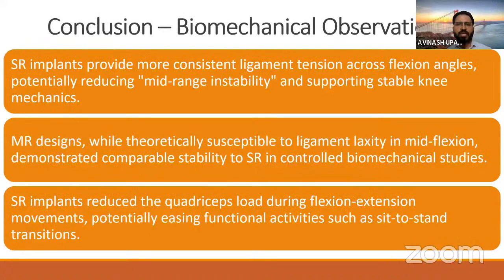In terms of biomechanical observation, single radius implants provide more consistent ligament tension across flexion and potentially reduce mid-range instability. Multi-radius designs, while theoretically susceptible to ligament laxity in mid-flexion, demonstrated stability comparable to single radius.